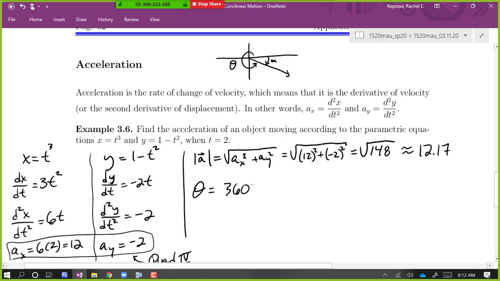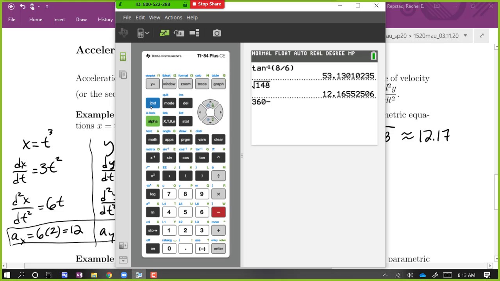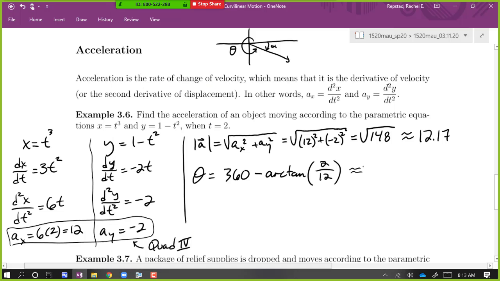So 360 minus arctan of, and I'm just going to plug in the positive components, so Ay over Ax, making it positive, is 2 over 12. That's 350.5 degrees, and that's the standard position angle.